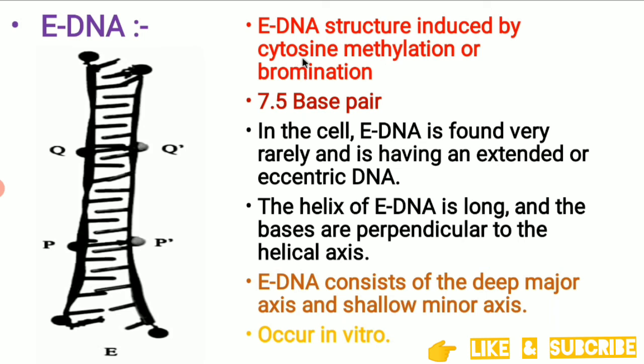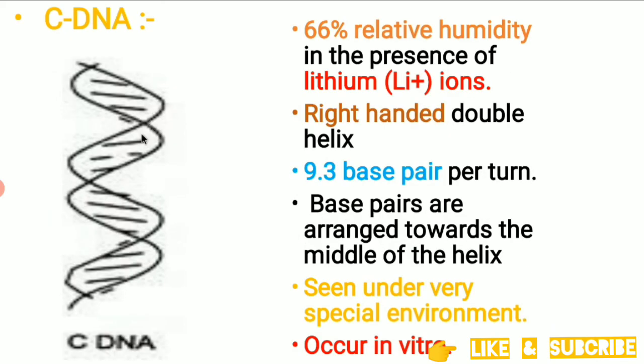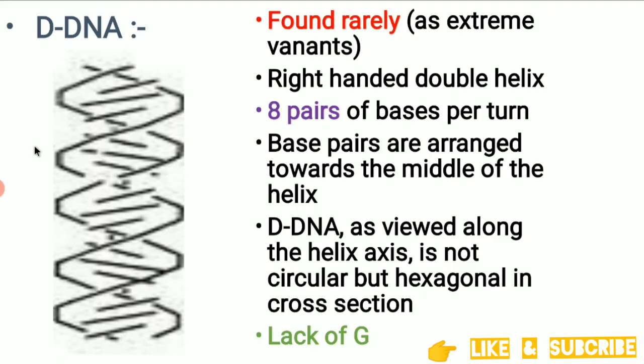When methylation of cytosine or bromination of cytosine takes place, then this DNA is induced. Here the base pair is 7.5 per turn of helix, meaning the base pairs per turn are not fixed.